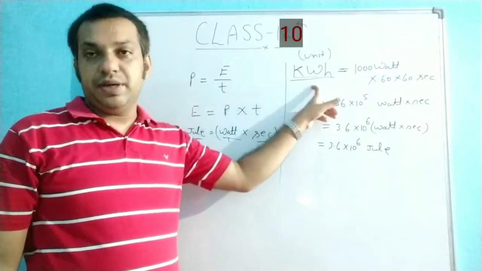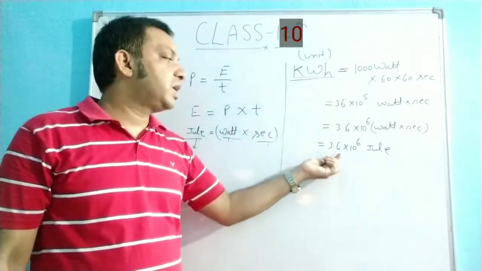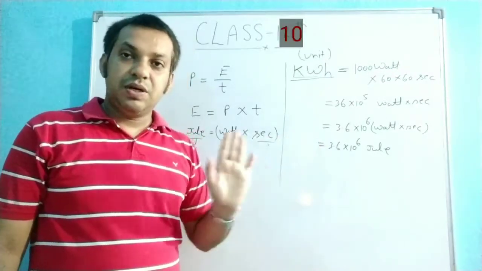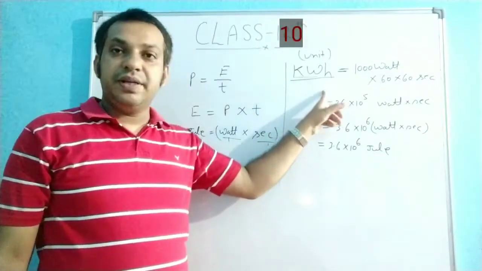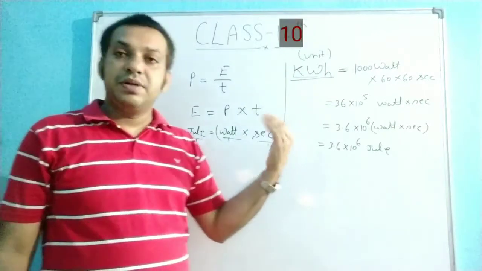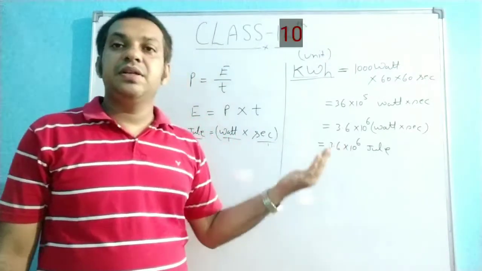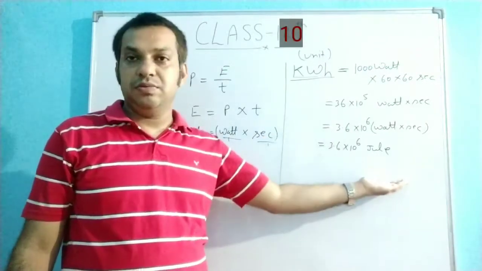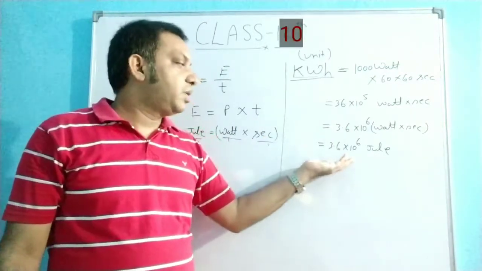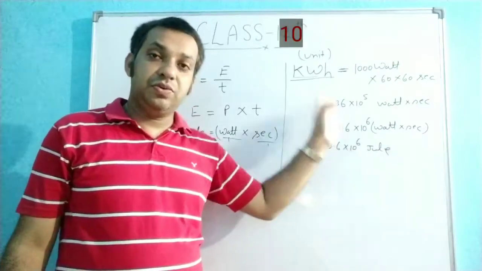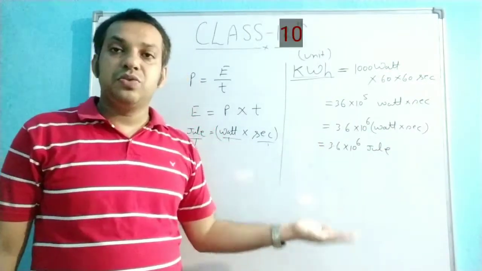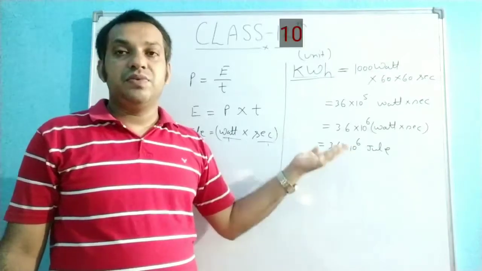So 1 kWh equals 3.6 into 10 to the power 6 joule. Now you can understand the kilowatt hour is the commercial unit to measure the energy consumption of your house.